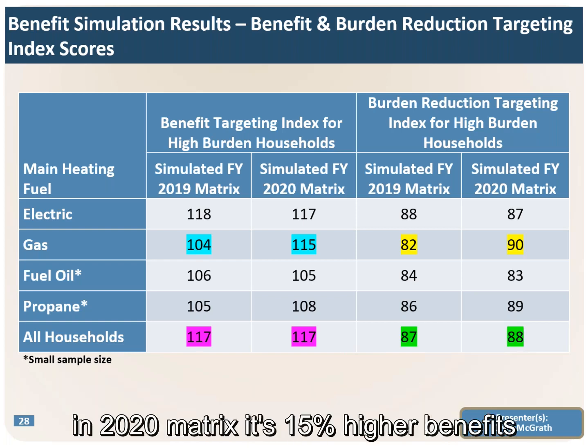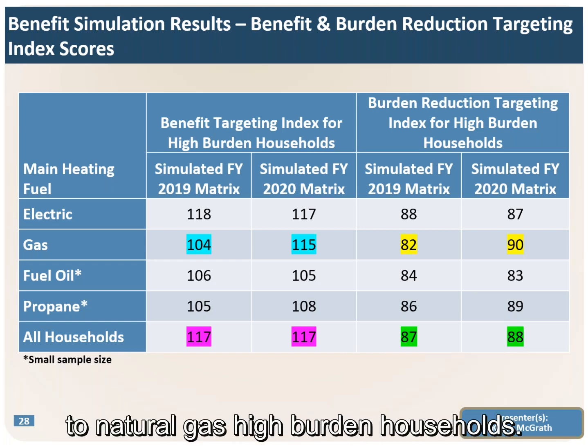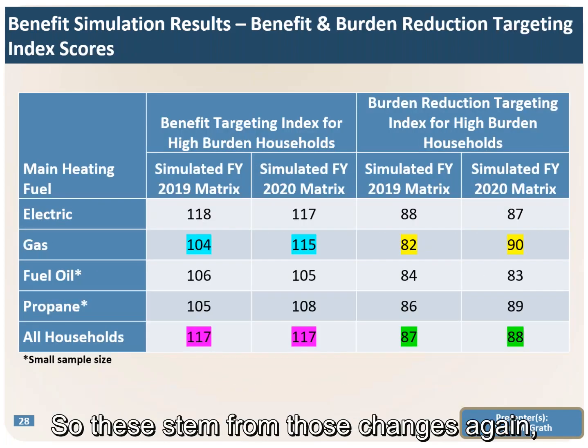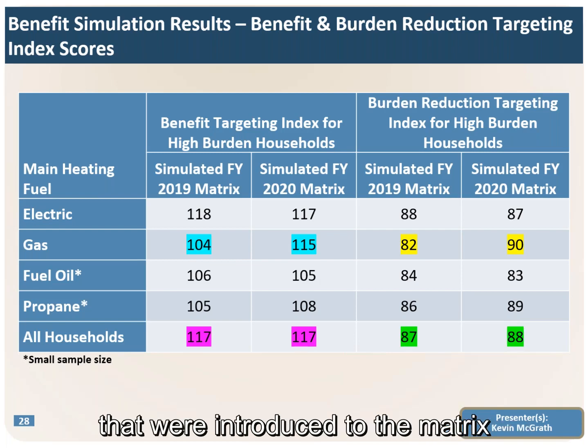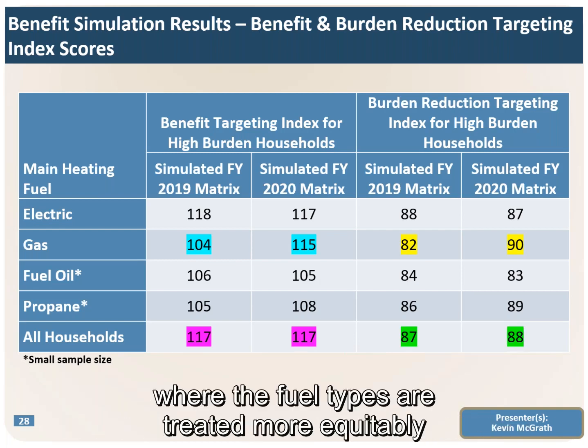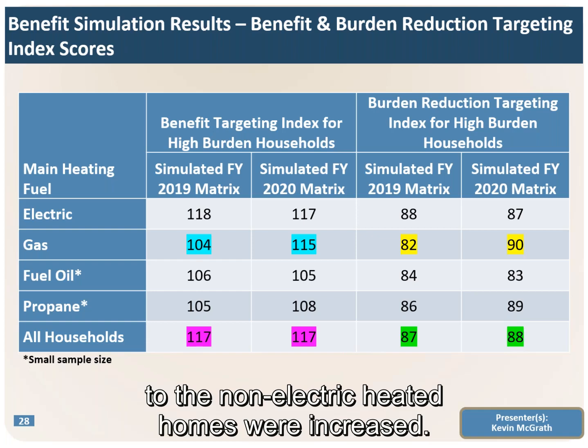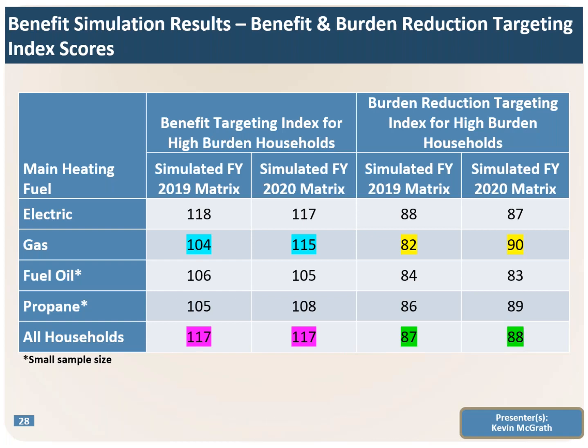In the 2020 matrix, it's 15% higher benefits to natural gas high burden households. We also see an increase in the burden reduction targeting. These stem from those changes, again, that were introduced to the matrix, where the fuel types were treated more equitably and the benefit levels to the non-electric heated homes were increased. Next slide.